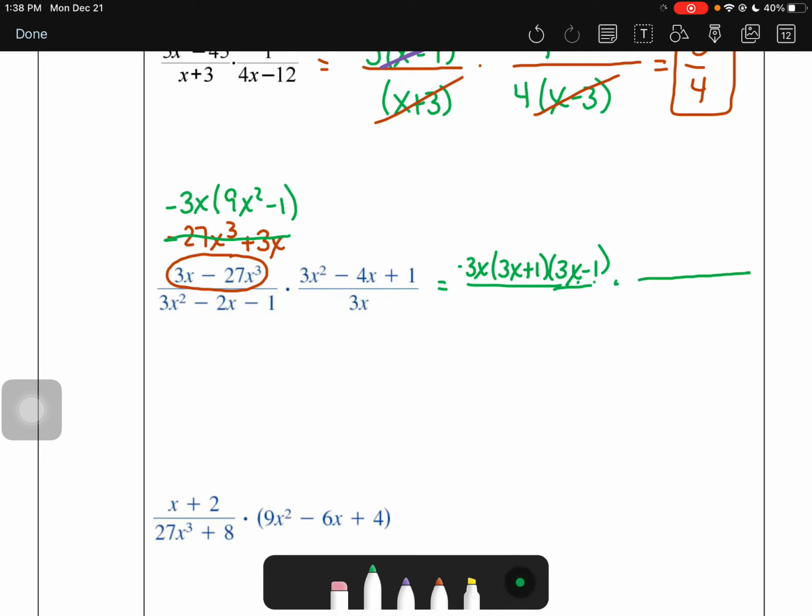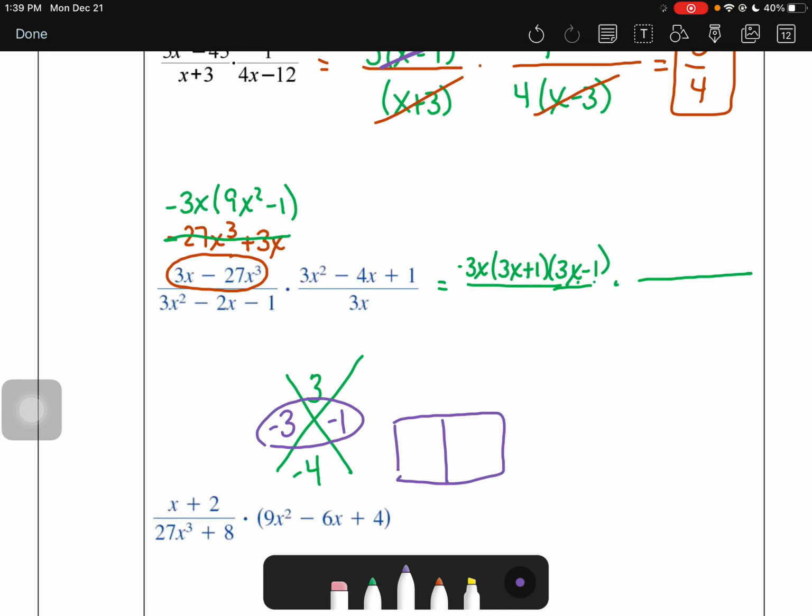Then the second numerator, we can make our x, and we say, what two numbers multiply to be 3 but add up to be negative 4? That would be negative 3 and negative 1. And then we need to make our box to do our 3x squared and our 1.